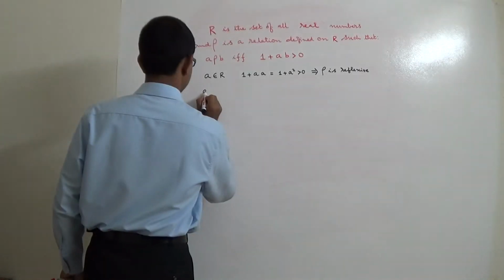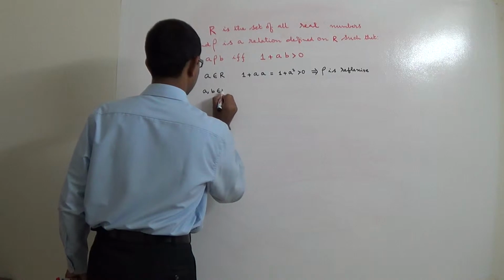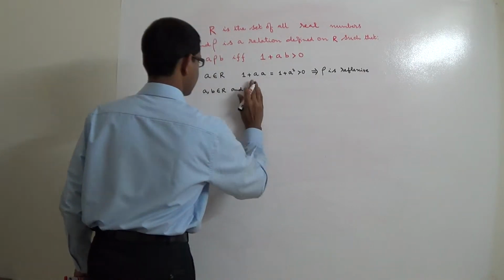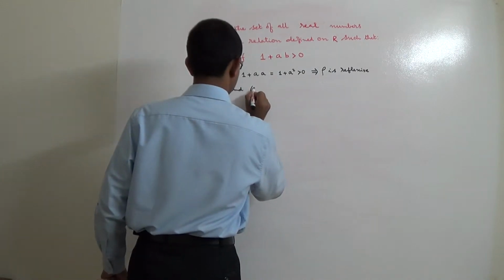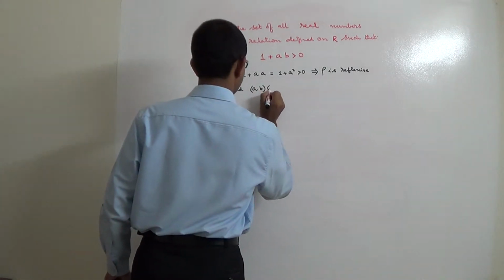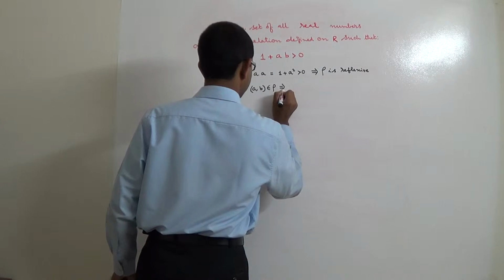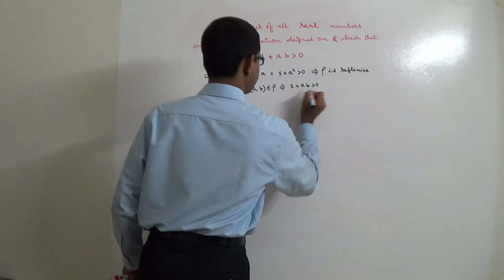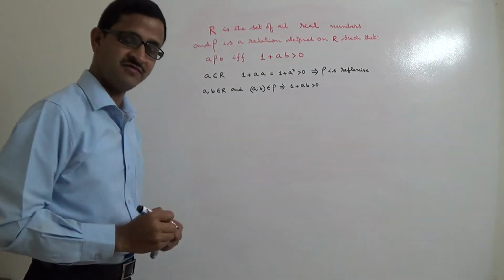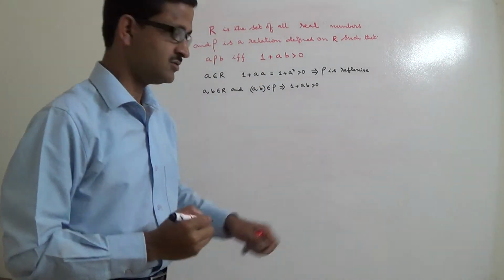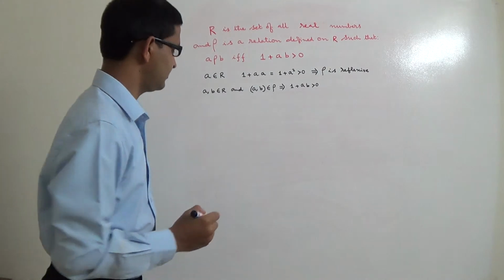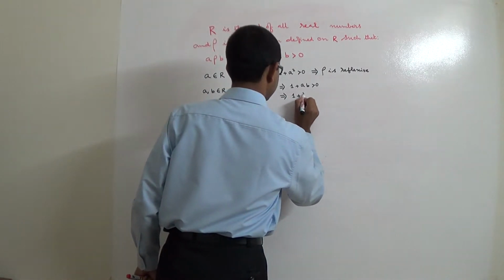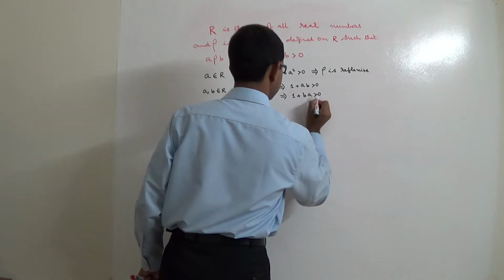Let's take A comma B belongs to rho. What does it imply? That implies 1 plus A into B is greater than 0, because that is according to the definition of the relation. So now if 1 plus A into B is greater than 0, that also implies 1 plus B into A is greater than 0.